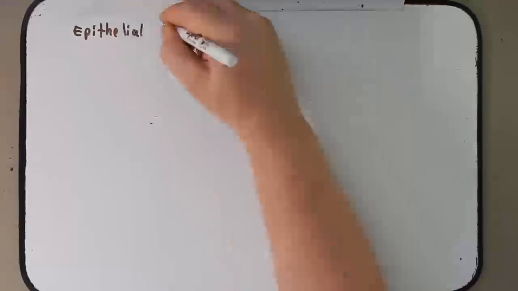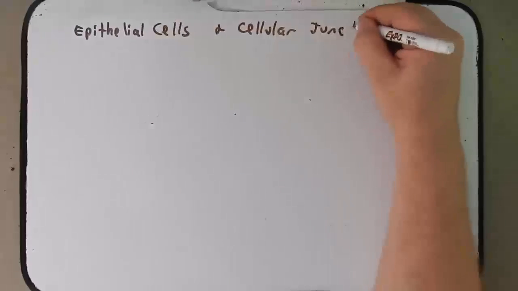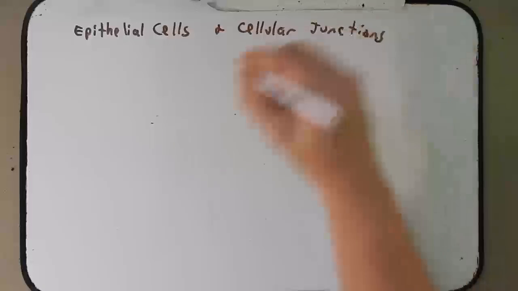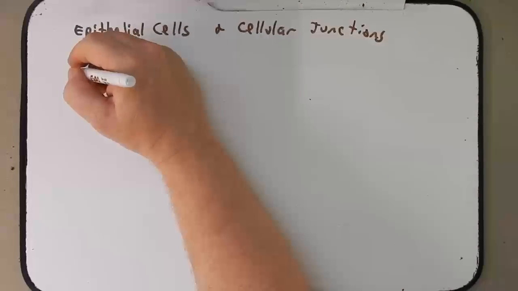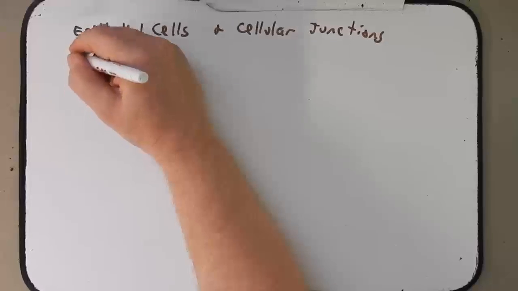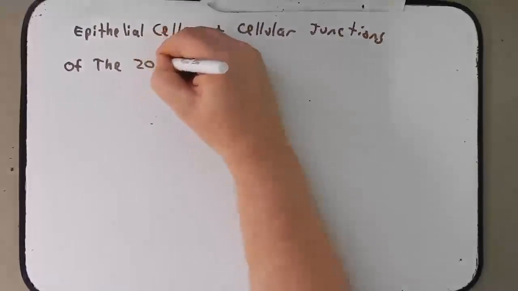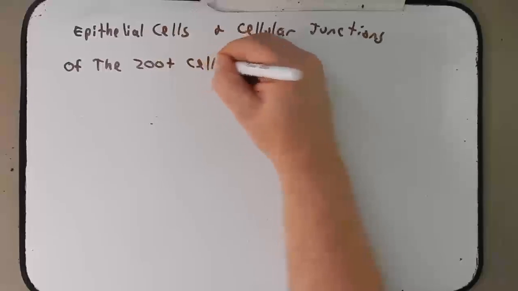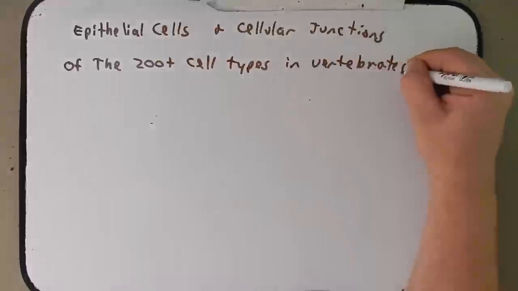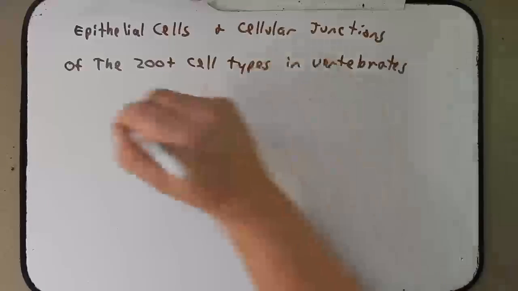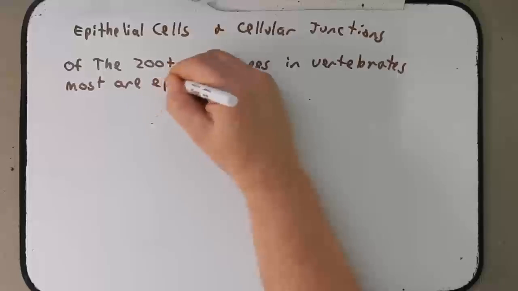Epithelial cells and cellular junctions. Epithelial cells are a very prominent cell in our body. Of the 200 plus cell types in the vertebrates, most are epithelial.